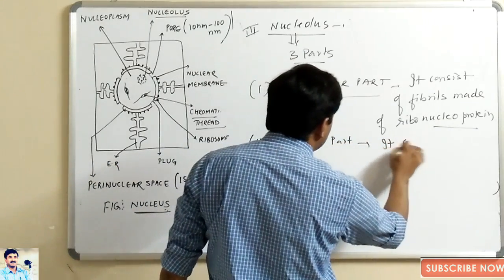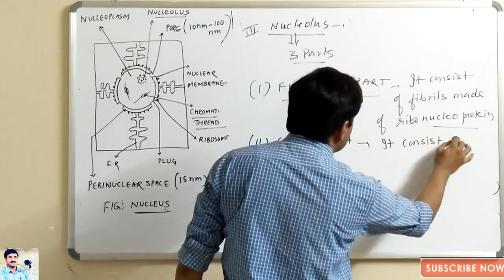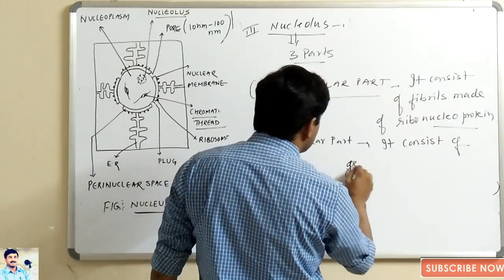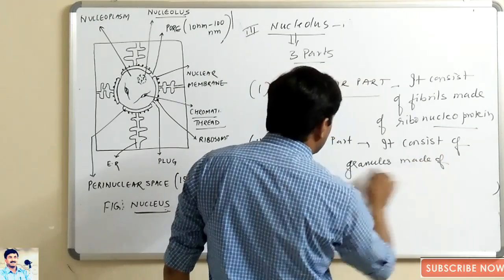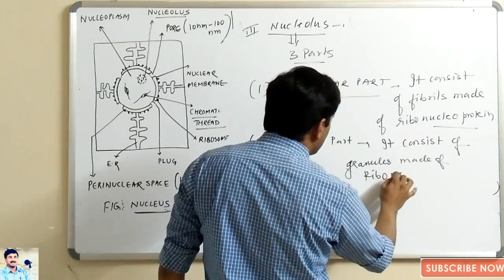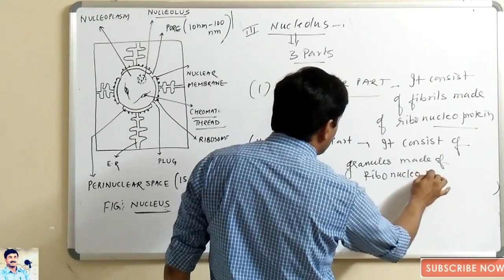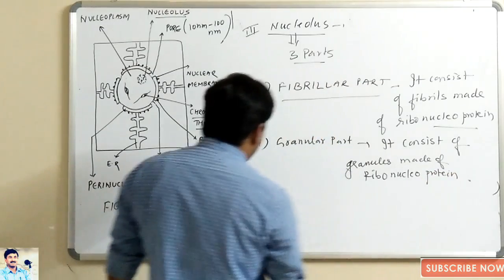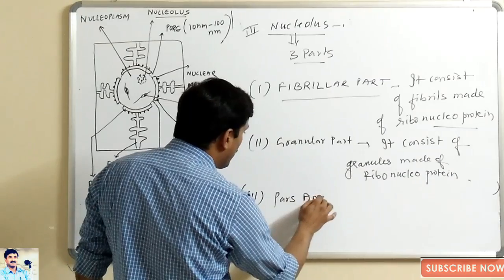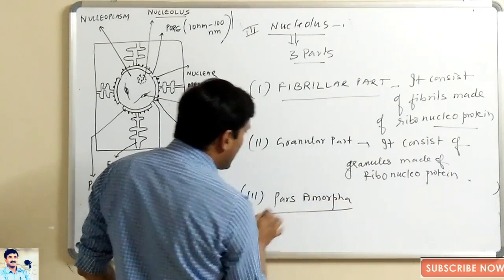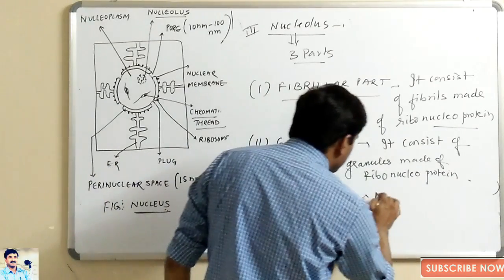Second part is the granular part. This part consists of granules made of ribonucleoprotein, and the third part is known as pars amorpha, and this is the matrix part.